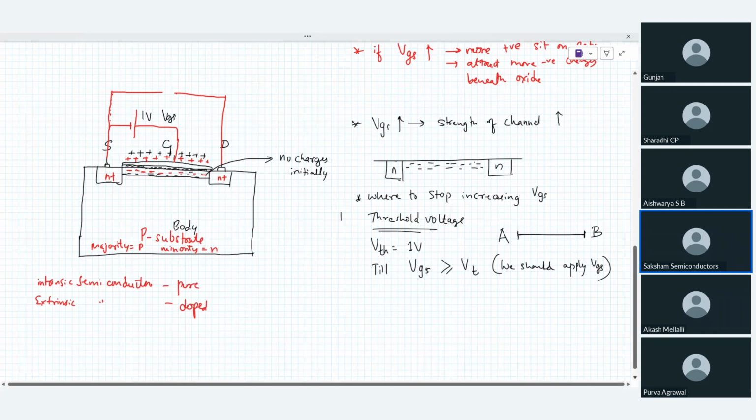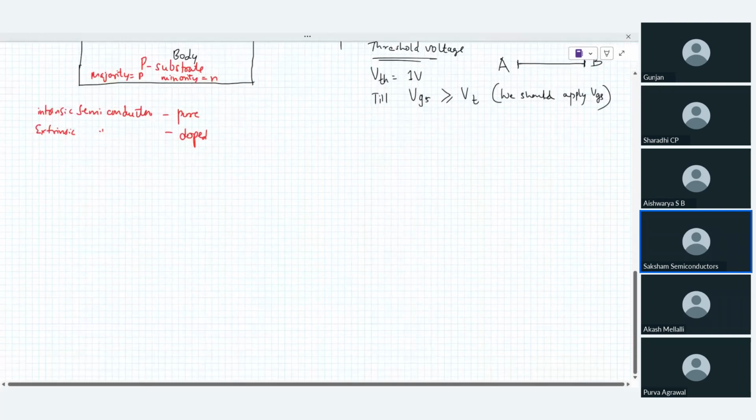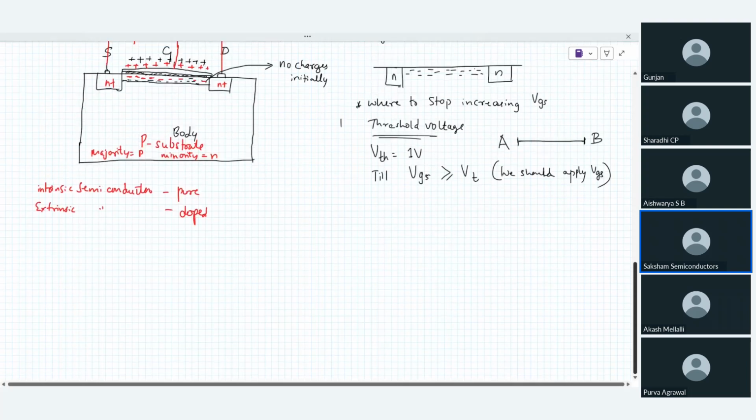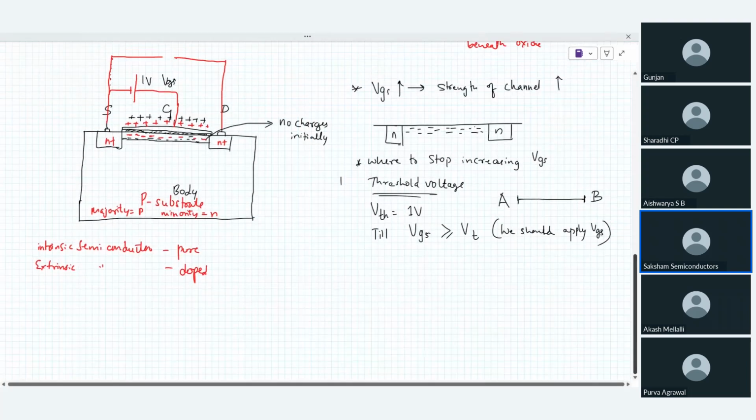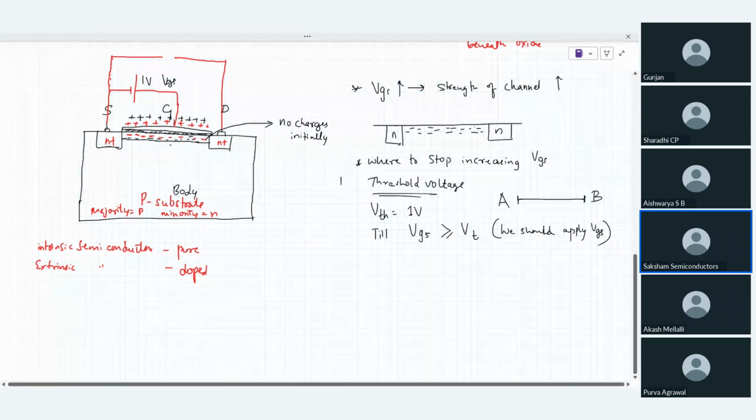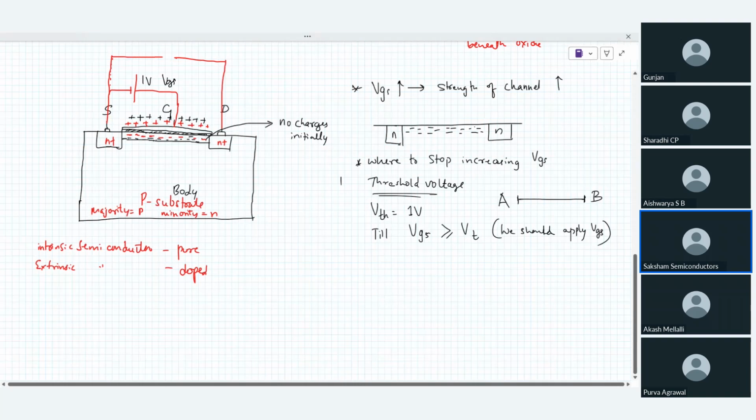Now to understand that, if you see over here, I'll give one analogy. Let's say that you're constructing a bridge. While constructing the bridge, the workers usually walk from one end to another end on the bridge and then they do the construction, isn't it? So similarly, when this channel is getting created, when this bridge is getting created, which we call as channel, there are some electrons that are moving from here to here by default.